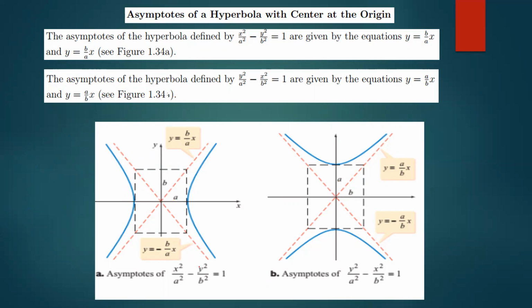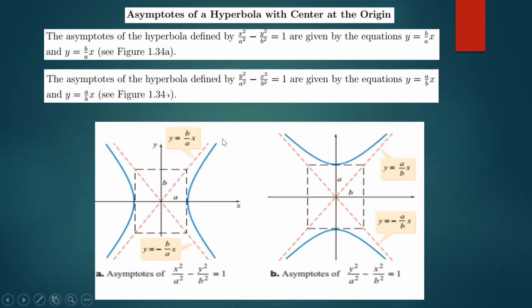So these are the equations of the asymptotes. Remember what I found? The one with the negative gradient, when you have the negative coefficient of x, is the one that has a slant going like this, and the one with the slope going up is the one that has the positive coefficient there.